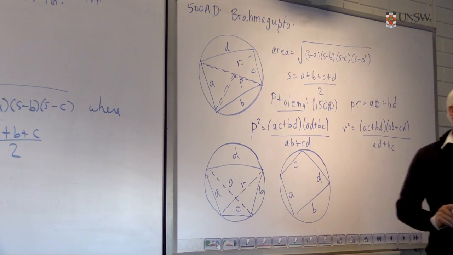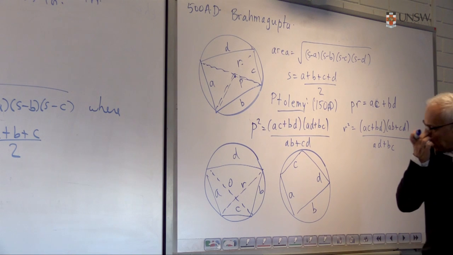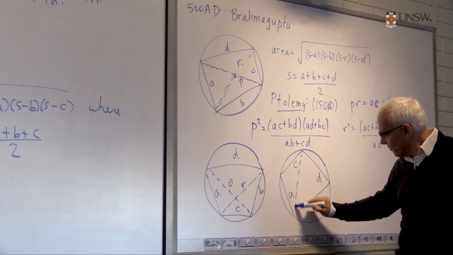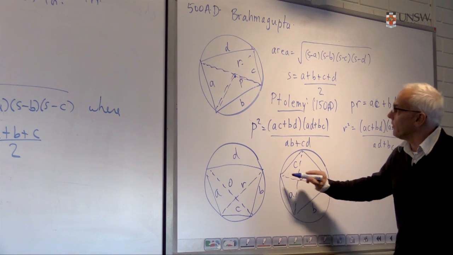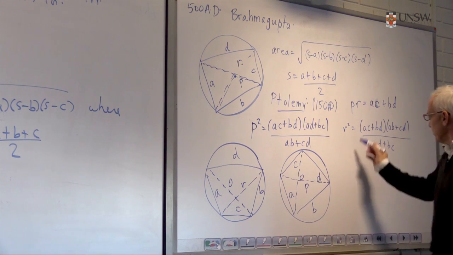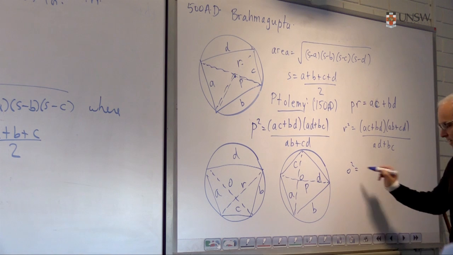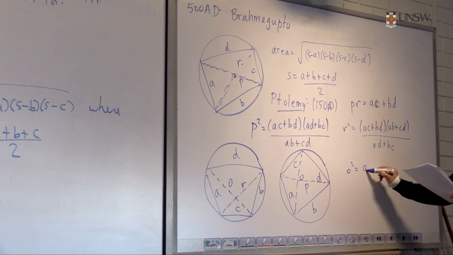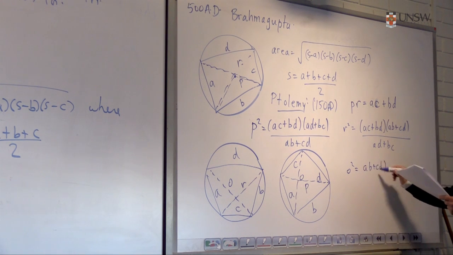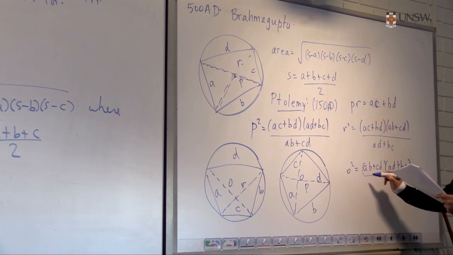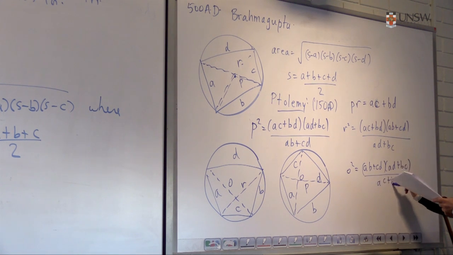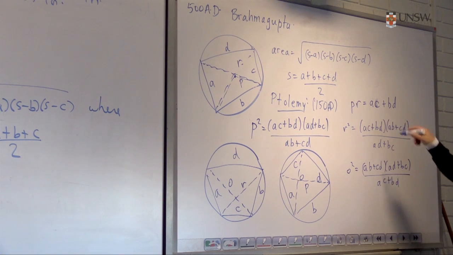Let's call it O. And that new one will also be over there, O, along with the other example of P. So there's, in fact, another formula that we need to add, which is that O squared equals (AB plus CD) times (AD plus BC) over (AC plus BD), which sort of completes the threefold symmetry of these formulas.